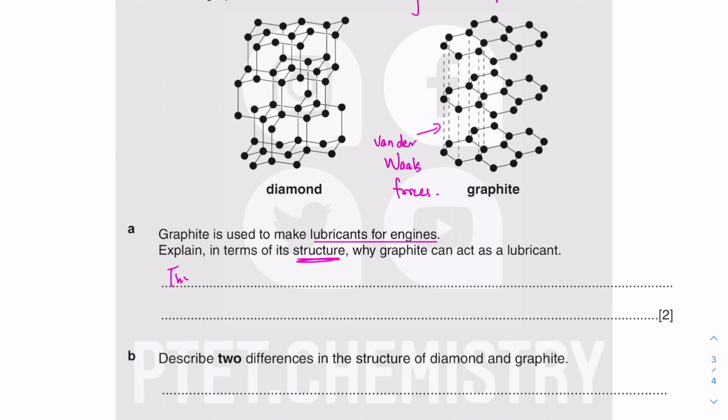So the layered structure of graphite has weak intermolecular forces, which you can name as van der Waals forces between the layers.